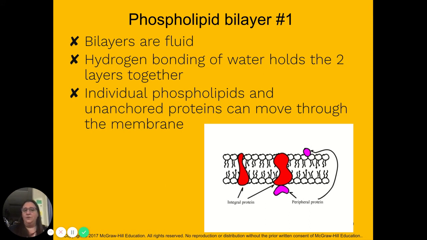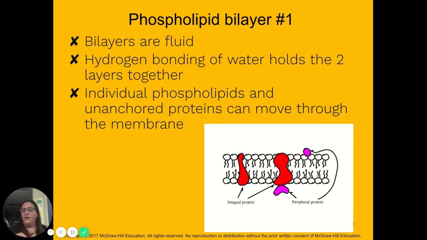We need to understand that the bilayer is very fluid and moving. Even though we seem solid and we are solid, if we were to look at the membrane, those phospholipids will change places with each other, and they move very fluidly.